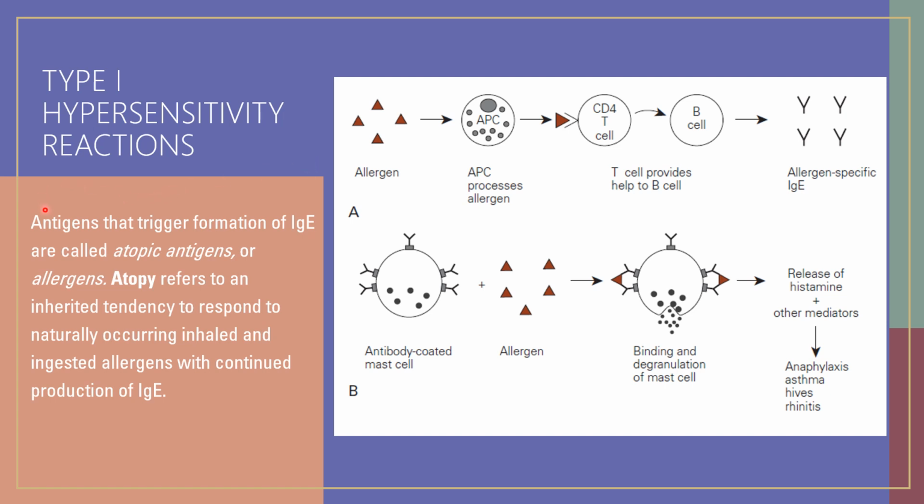There are antigens that will trigger formation of IgE and are called atopic antigens or allergens. So what is atopy? Atopy refers to an inherited tendency to respond to naturally occurring inhaled and ingested allergens with continued production of IgE.